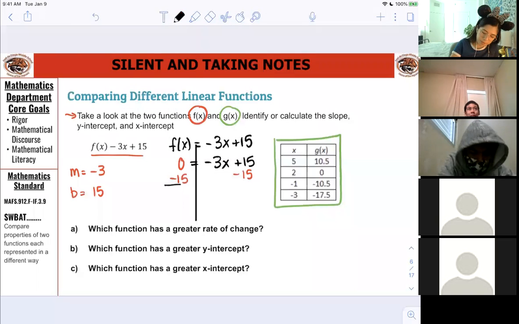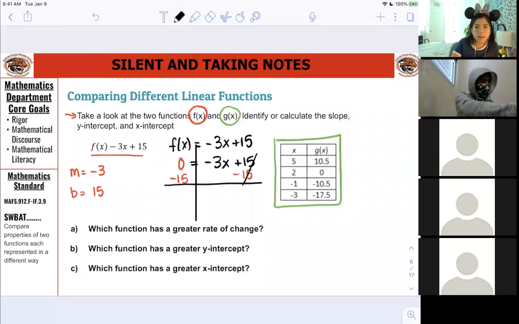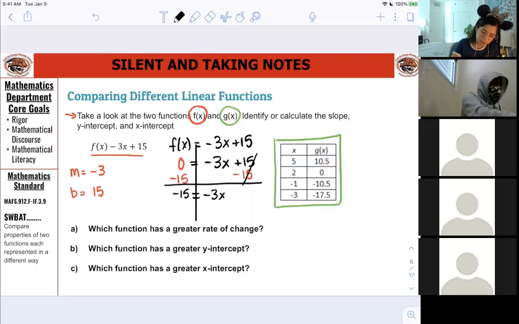What is 0 minus 15? -15. So -15 equals -3x. And now I divide by -3. So what do I get?